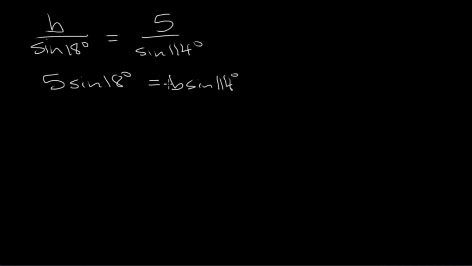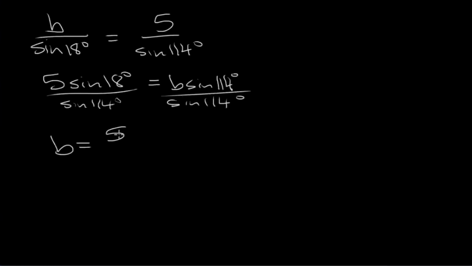And I want B by itself, so I'll just divide by the sine of 114, which means B is equal to whatever this mess is. And then I can plug that into my calculator and actually calculate that out.